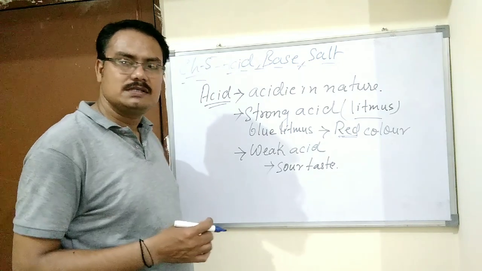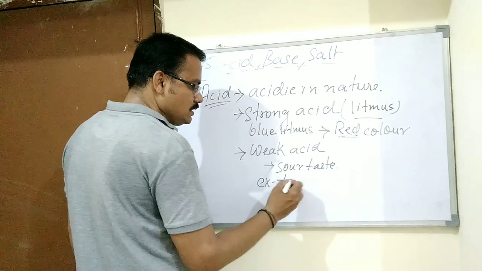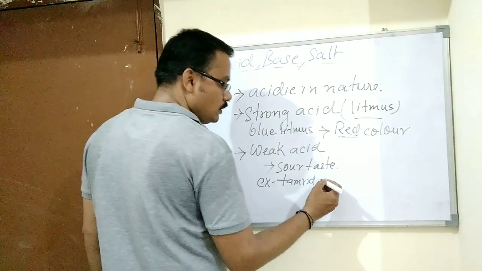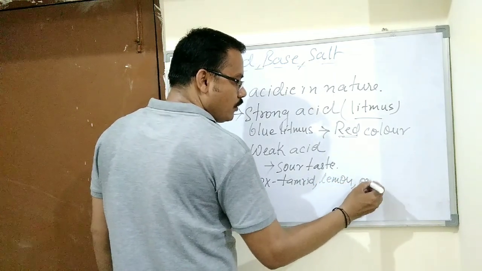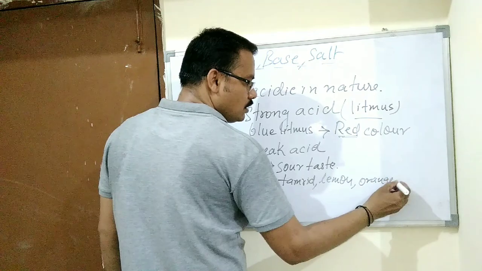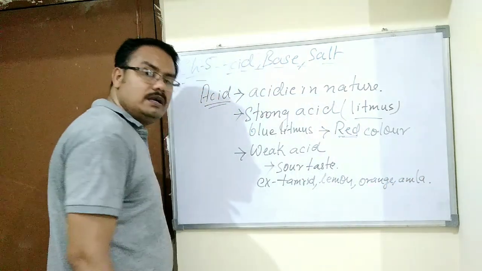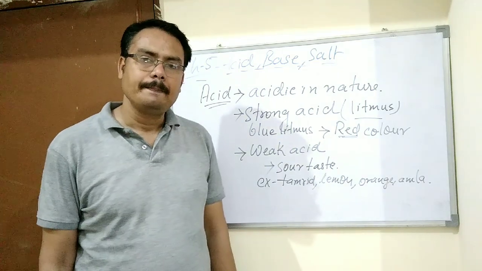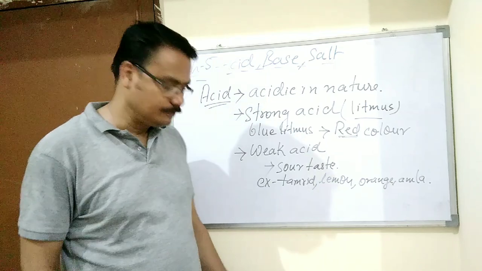For example, tamarind, lemon, orange, amla. These all contain a type of weak acid in them and they are sour in taste.